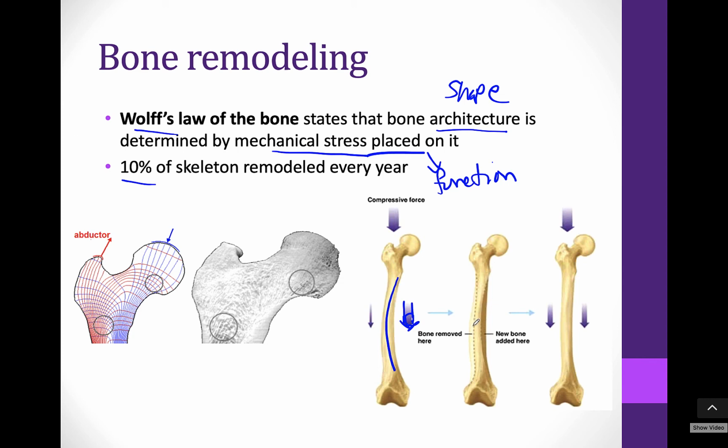Well, what's going to happen is it's going to remove bone over here where there's less stress using osteoclasts, and we're going to build some new bone over here using osteoblasts. Remember that stress causes osteoblasts to start laying down bone tissue. And then over time, this bone shape has changed. This is much straighter now. So it's going to better deal with the stress that was being put on it.